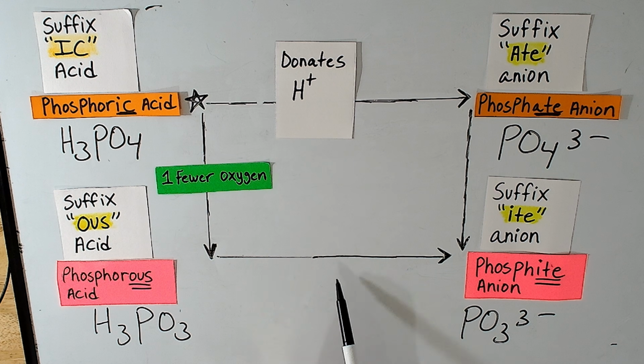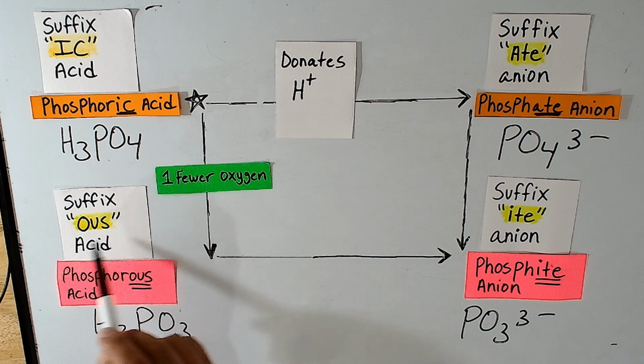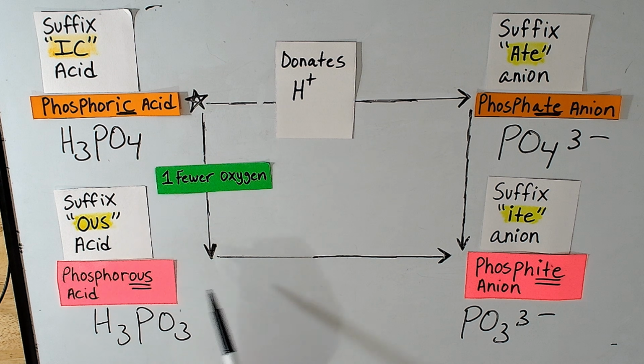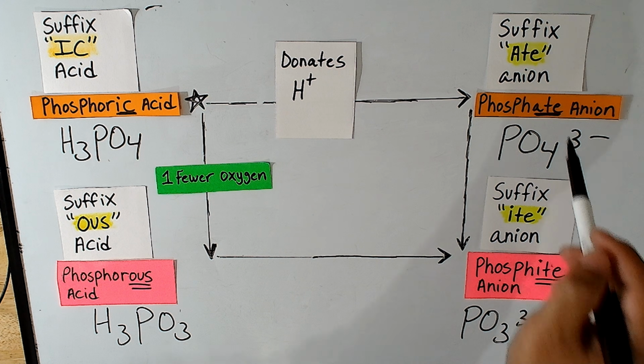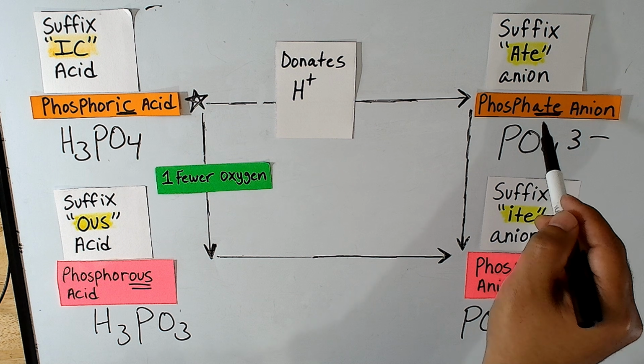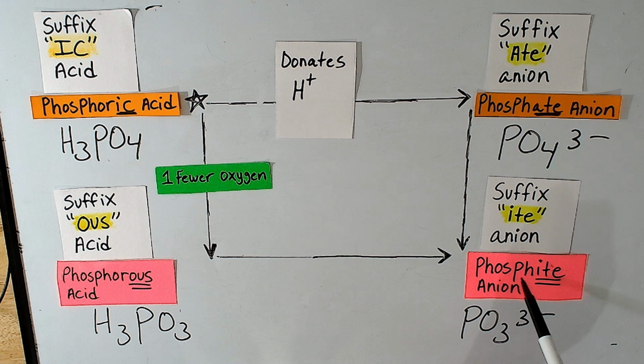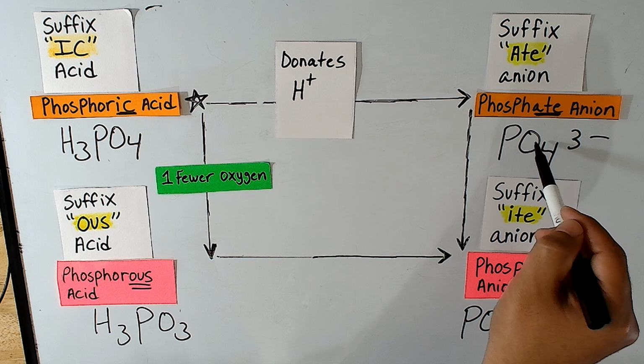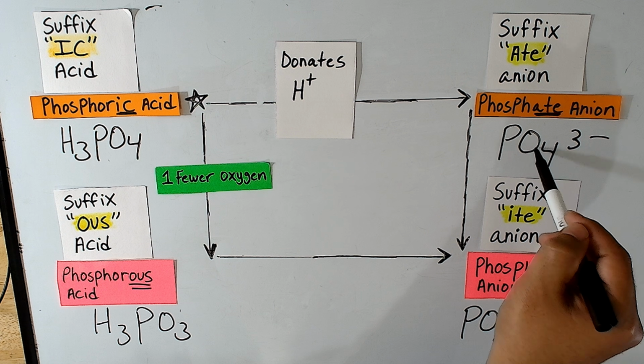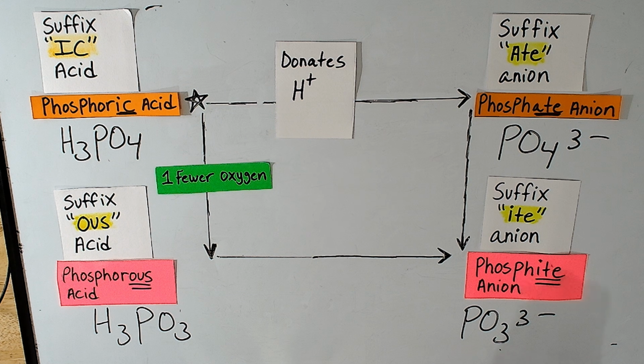When it donates hydrogen ions, when phosphorous or whatever acid that you have here donates its hydrogen ions, then you reveal a different anion. And notice that even going from top to bottom, it's also having one fewer oxygen.